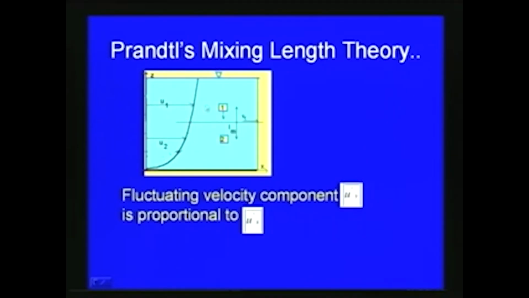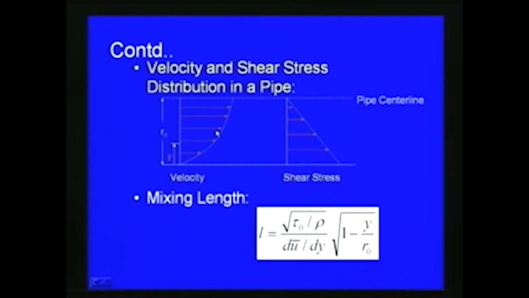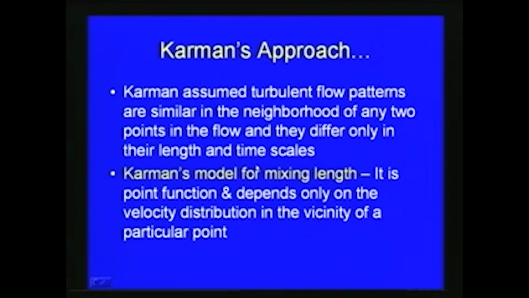So, this figure in this slide you can see as per Karman's approach, and he also suggested that Karman's model for the mixing length, which we have already seen in the previous equation, is a point function. We can observe that it is a point function and depends only on the velocity distribution in the vicinity of a particular point.